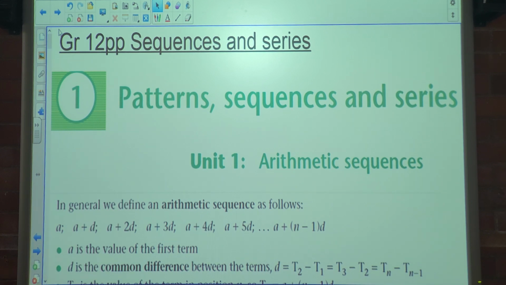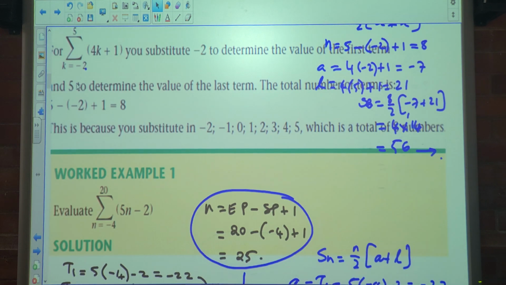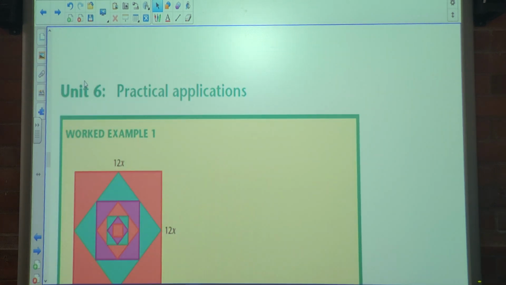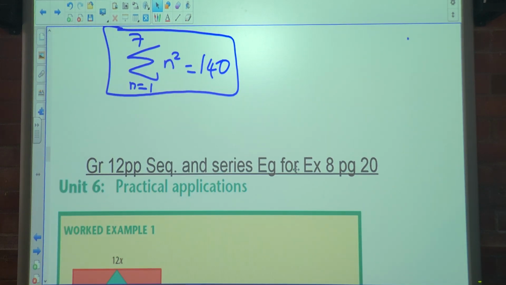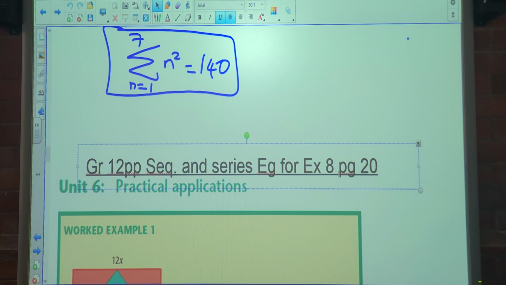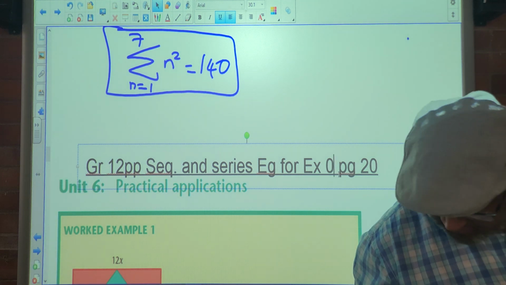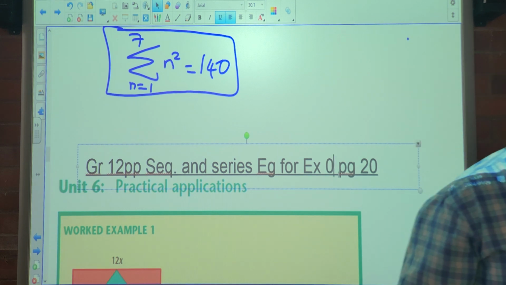Okay, good morning class. So today we're looking at sequence and series, looking at practical applications in particular. We're getting examples for exercise 9, and exercise 9 is on page 23.